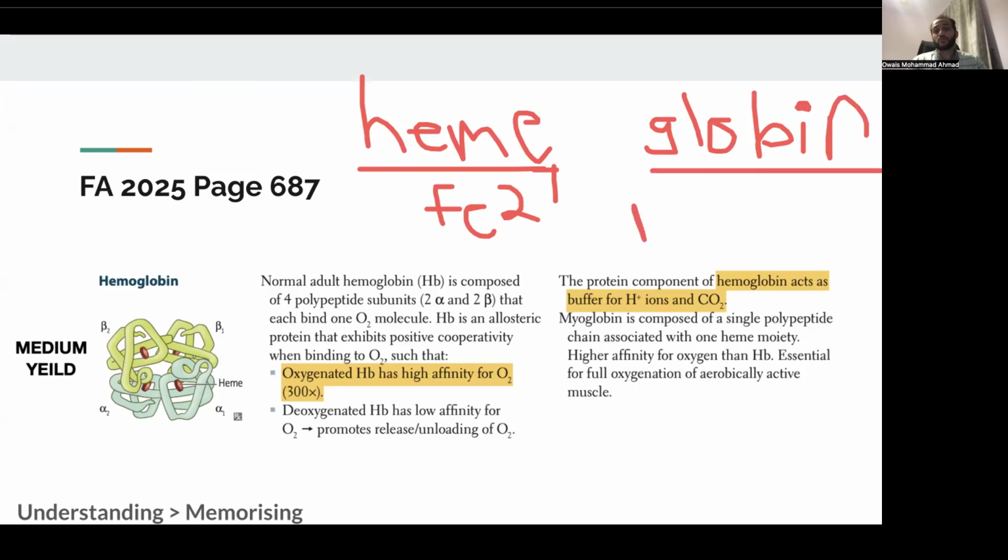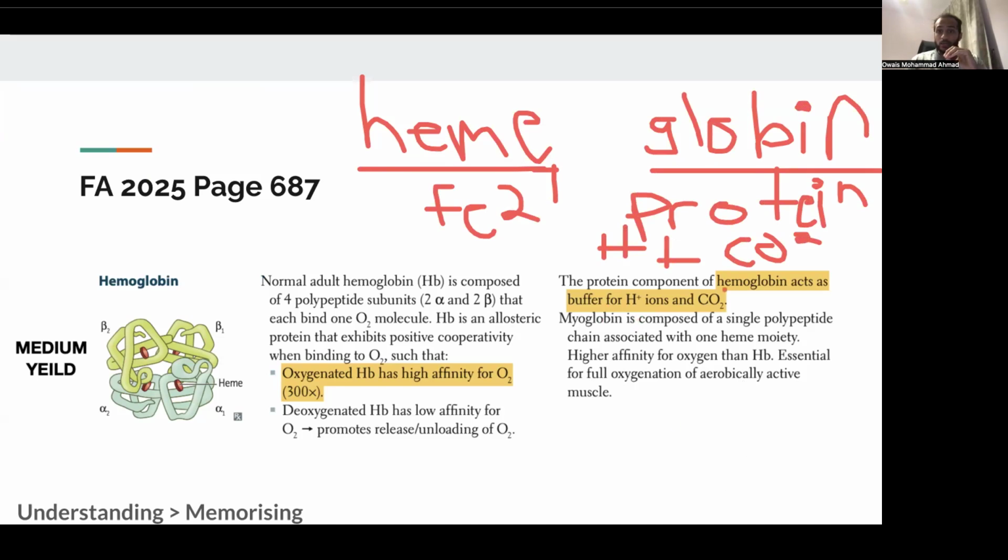A globin is essentially a protein. It can bind a few things. It can bind your hydrogen or it can bind your CO2. And in this scenario, we are speaking of how it acts as a buffer for H plus and CO2. What do I mean by this?